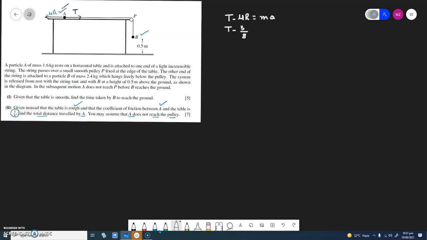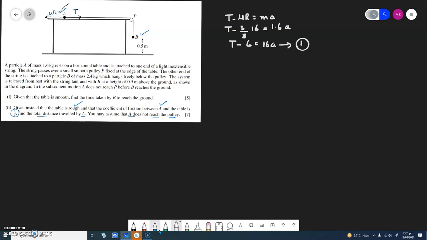The mass of A is 1.6, so this will become T minus 6 is equal to 1.6a. That is equation number 1.